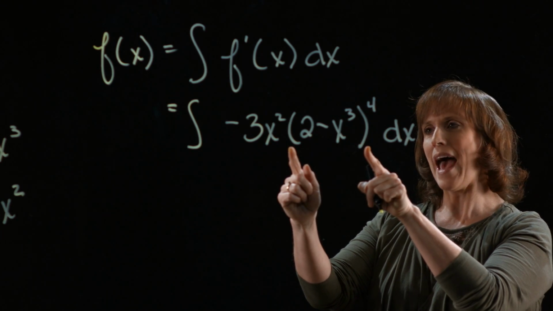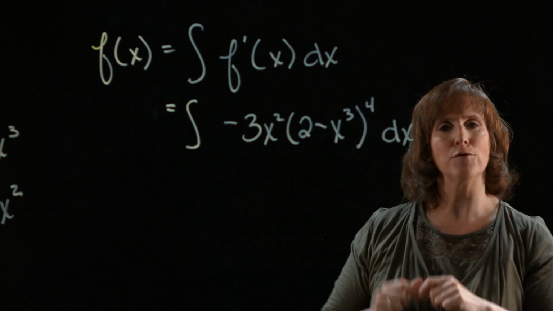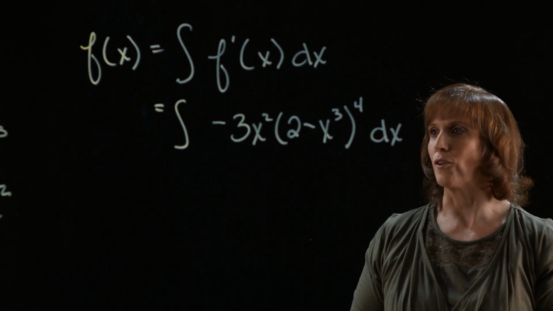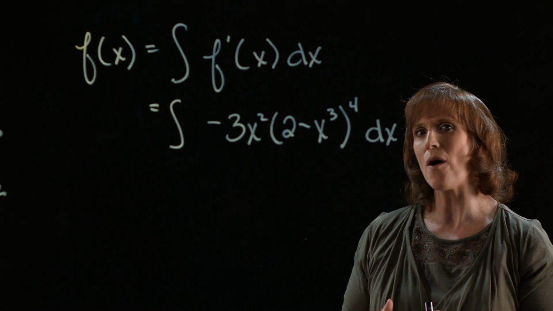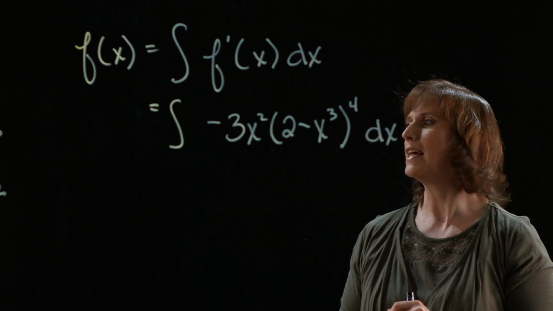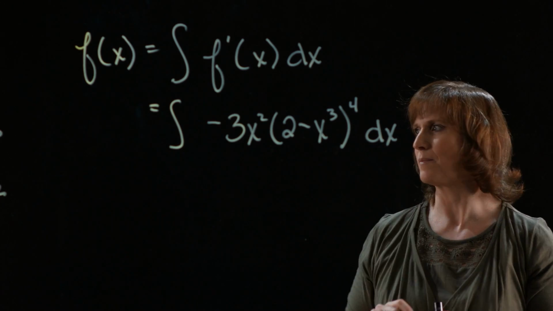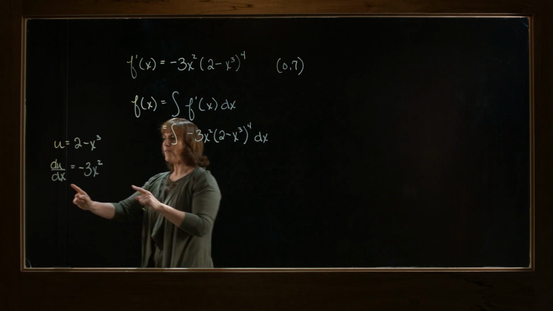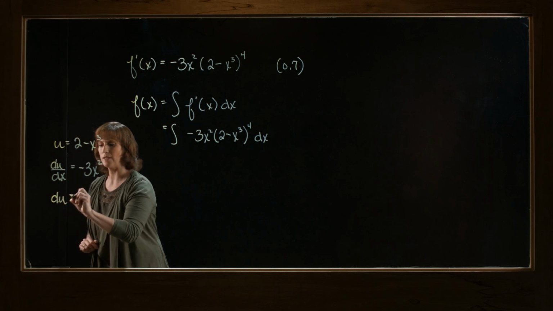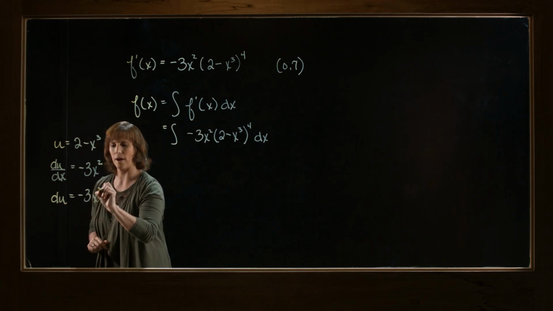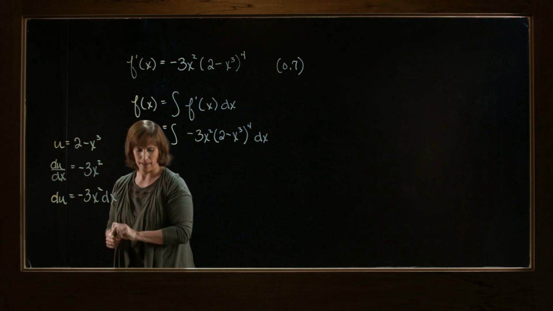But I'm still going to have x's floating around inside my integral. So I can't integrate with u's and x's. So somehow I have to figure out how to relate du and dx. Well, if I come back to my substitution, I notice that du is going to be minus 3x squared dx.